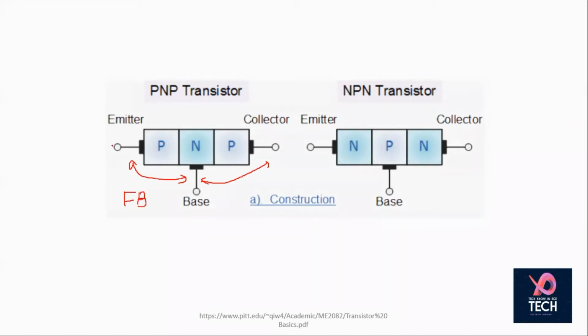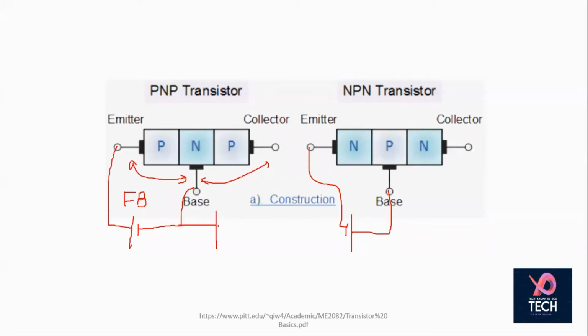If it is PNP, then positive, negative means forward bias. You already know this from when we studied the PN diode, where we forward bias it. Similarly, negative, positive is forward bias. So when the emitter base junction is forward biased and the collector base junction is reverse biased.